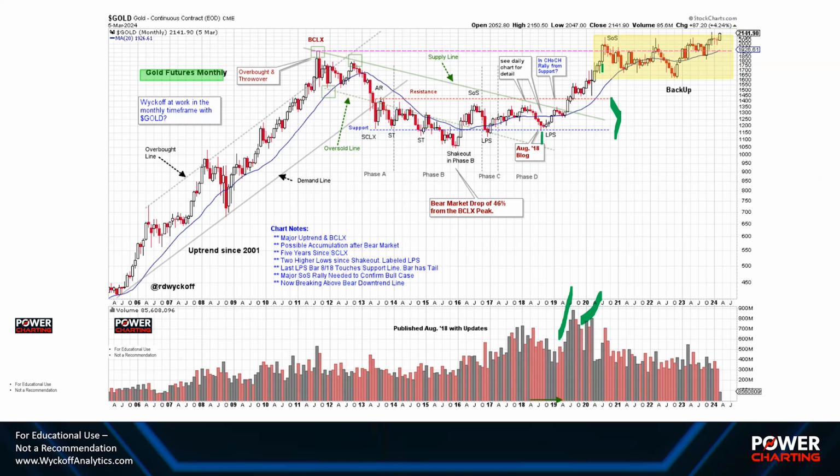People have been quite frustrated with gold through this period because it's spent a very long time just trading in this area. But when you put it in the context of this very large accumulation style structure, this looks like it's just a very normal backup type action, high and tight in range.